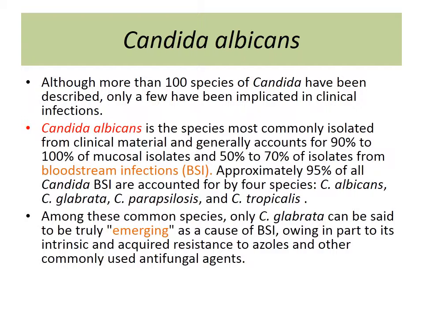Especially glabrata, which is coming up as the major cause of bloodstream infections. And the other important thing is that it is acquiring resistance to azoles. I remember we played this workshop, the genetics of bacteria: how would bacteria pick up genes for resistance?